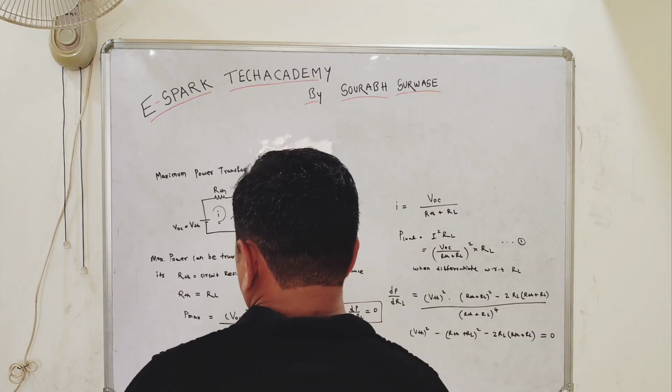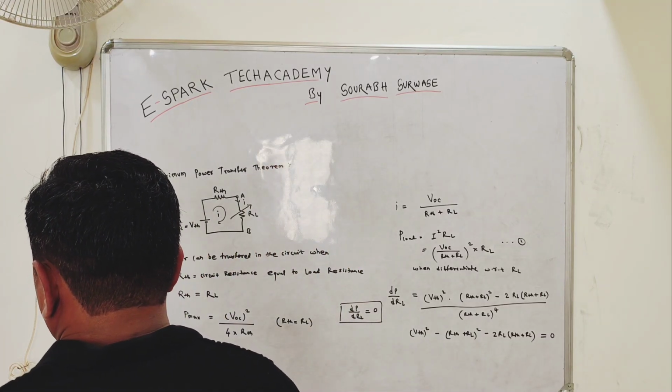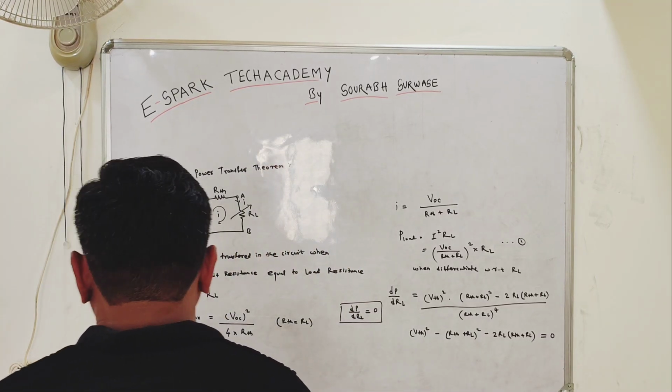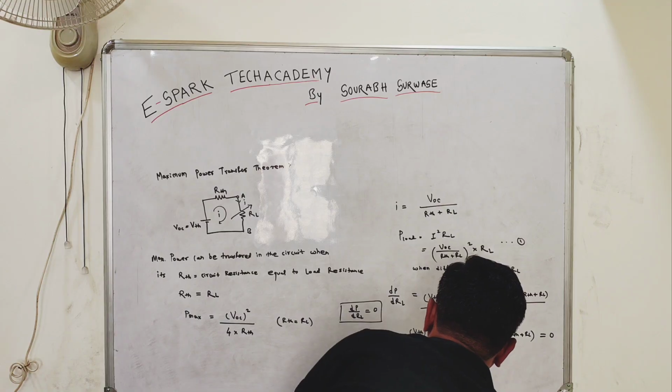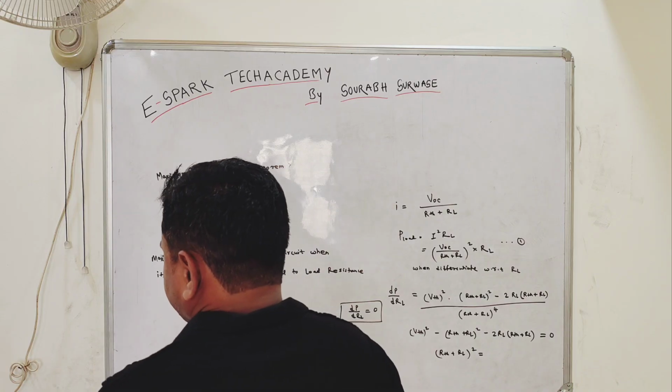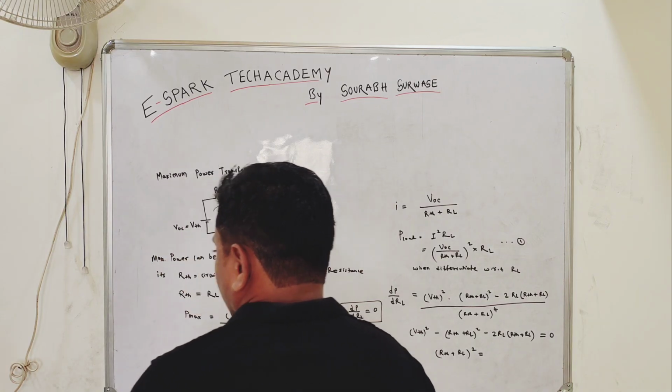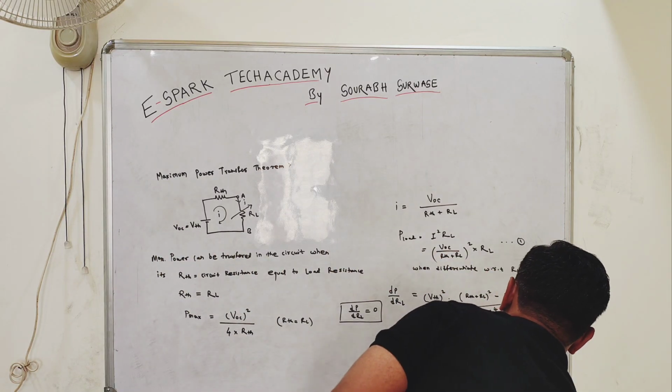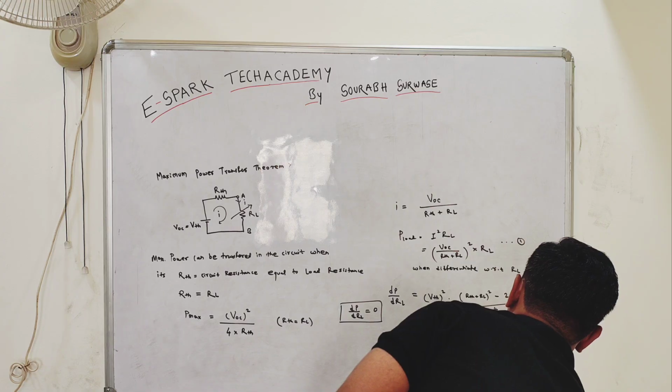Now by solving this, you will get (RTH plus RL) square equal to 2RL (RTH plus RL).